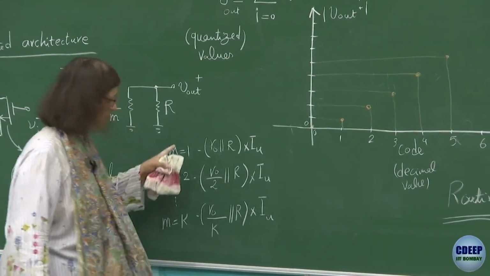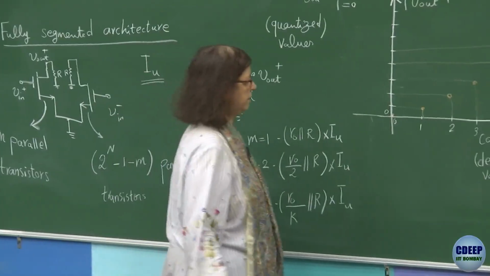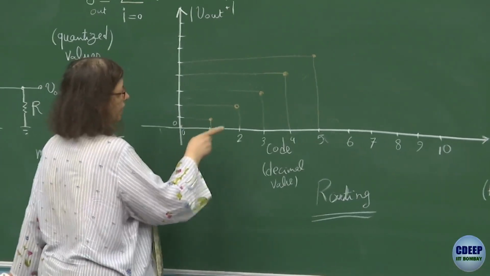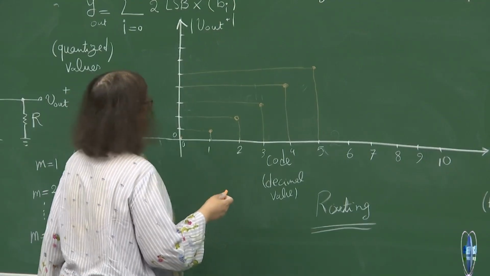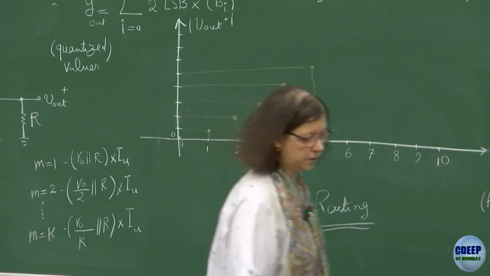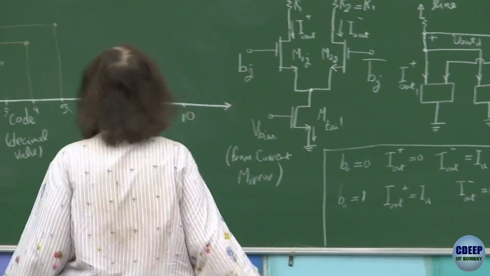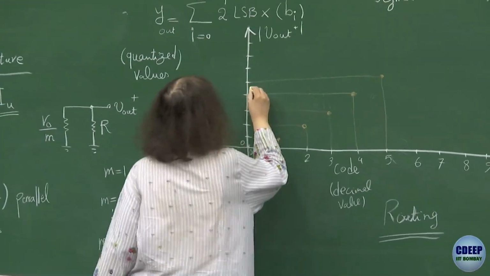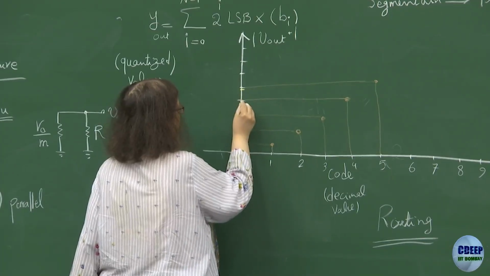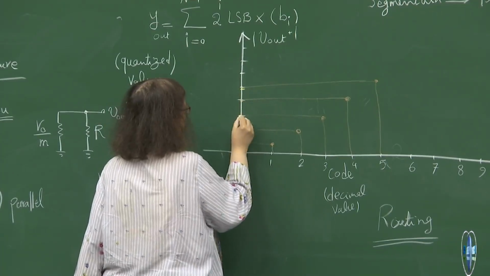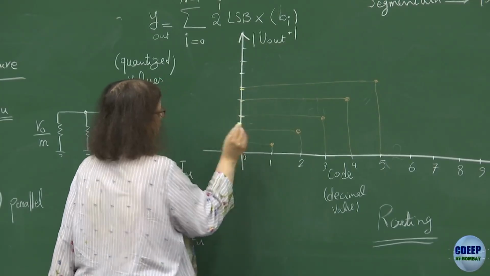Now, because of this effect, as we move towards higher codes, more transistors will be in parallel with each other, so this value will start reducing. I show it in yellow to give some idea. Here it is very close and almost matching.